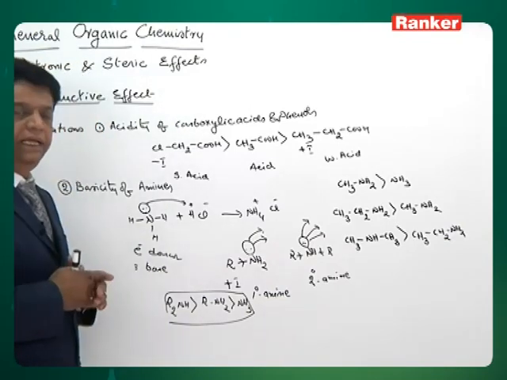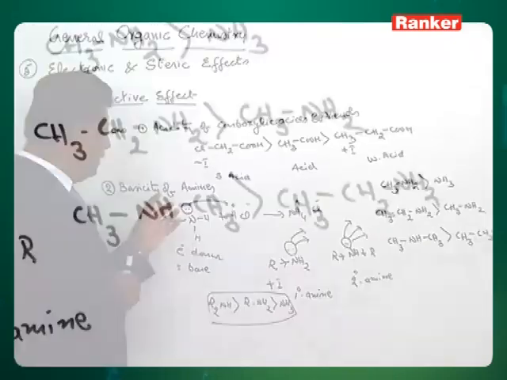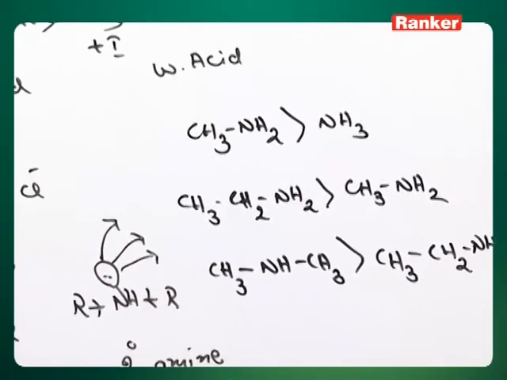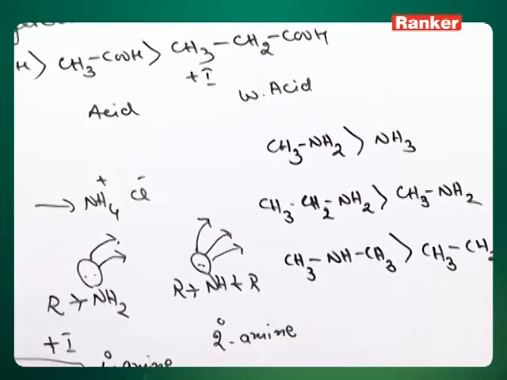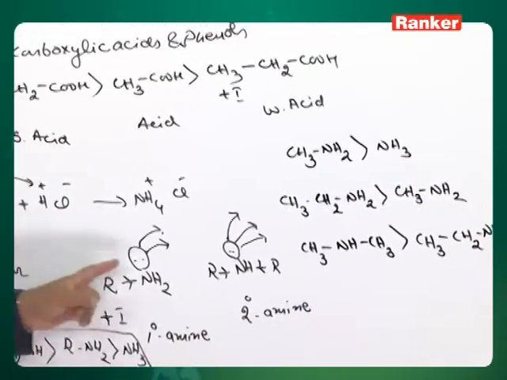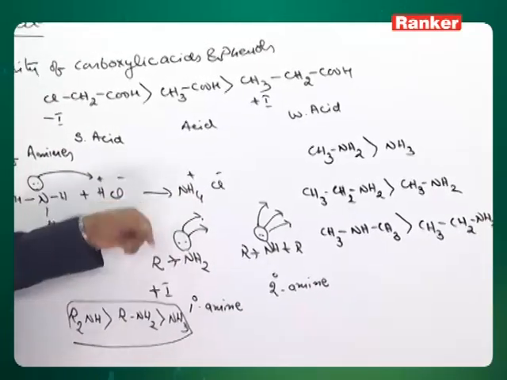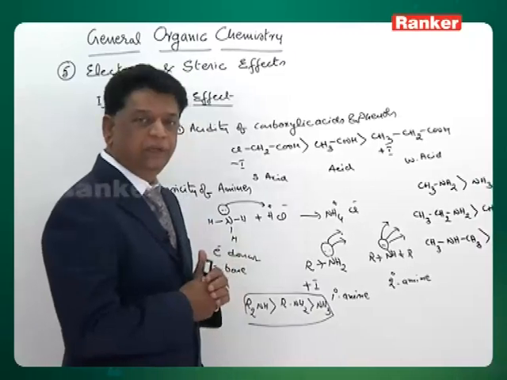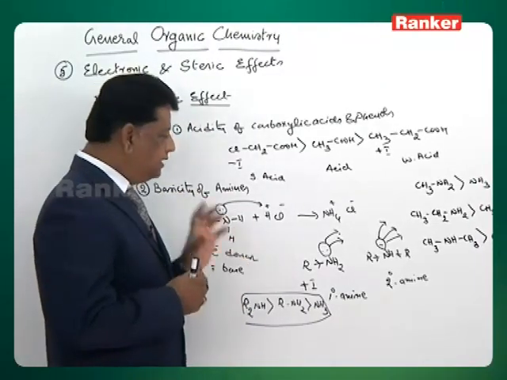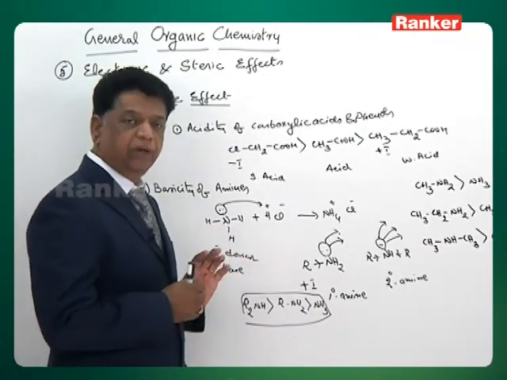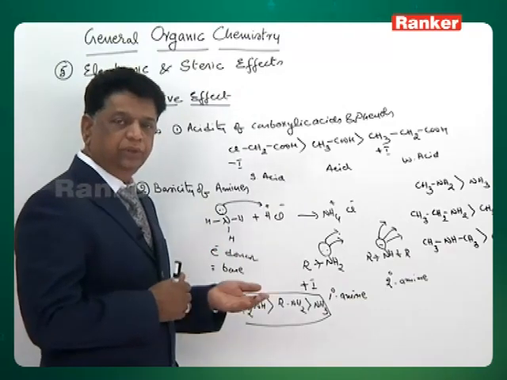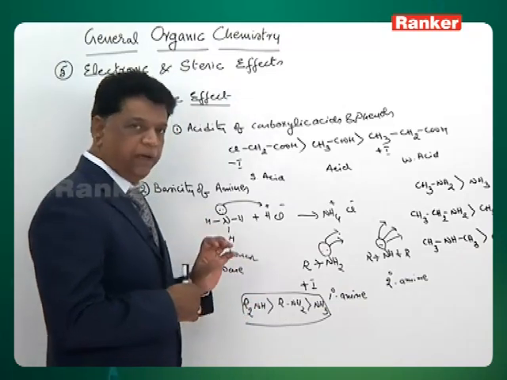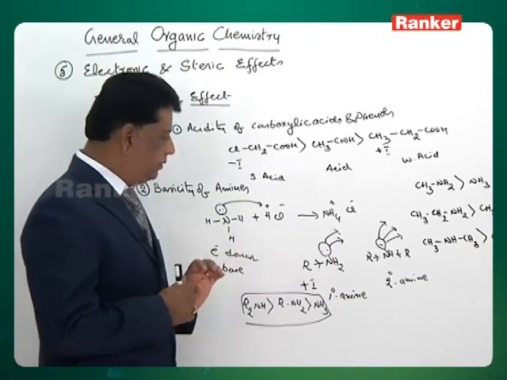Ultimately, what we are saying in this application is that ammonia is originally a base. That is not because of the inductive effect, but when R is there, the basicity is increased over the original basicity. When 2 R's are there, it is increased much more. These alkyls in general are taken as +I, because the groups they are attached to are mostly electronegative groups. So, alkyl groups are arbitrarily fixed as +I groups.